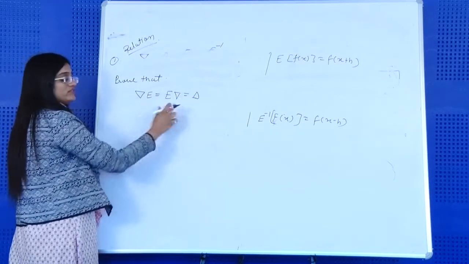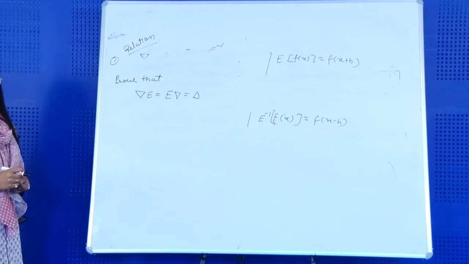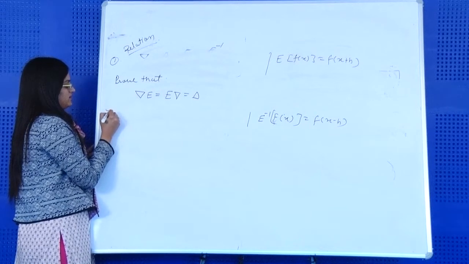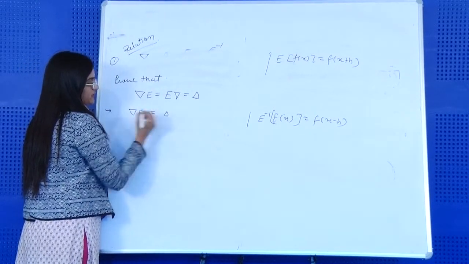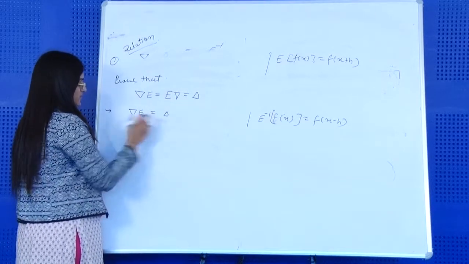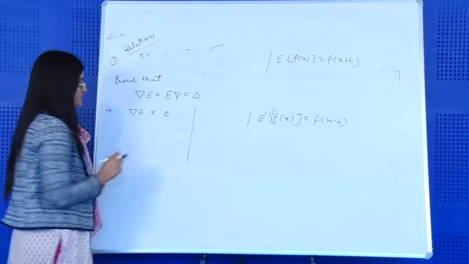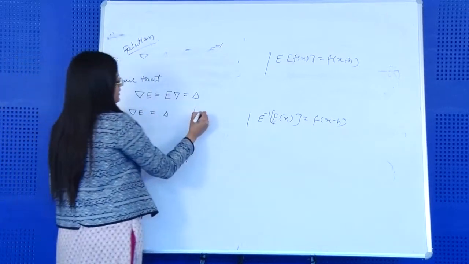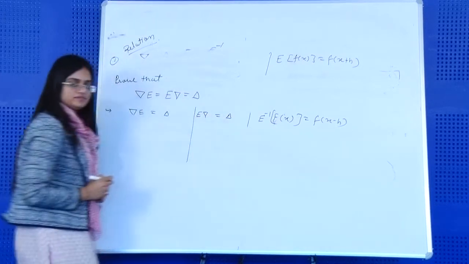We have to prove this equation with the help of the operator definitions. So I start with the equation nabla E equals delta. For this equation, I divide the entire equation into two parts. The first part is nabla E equals delta and the other is E nabla equals delta.